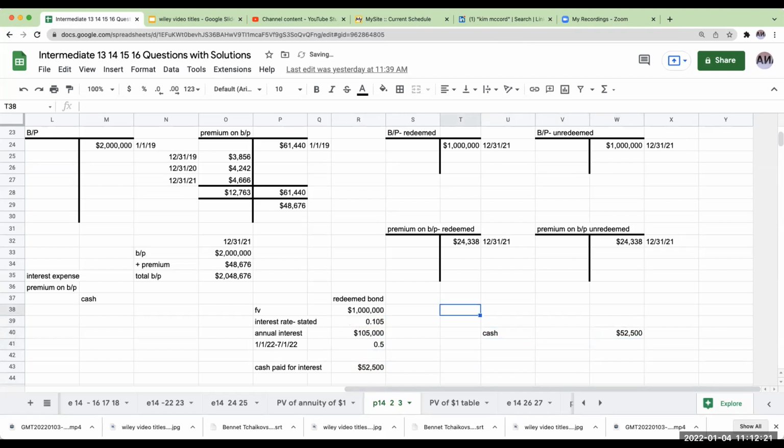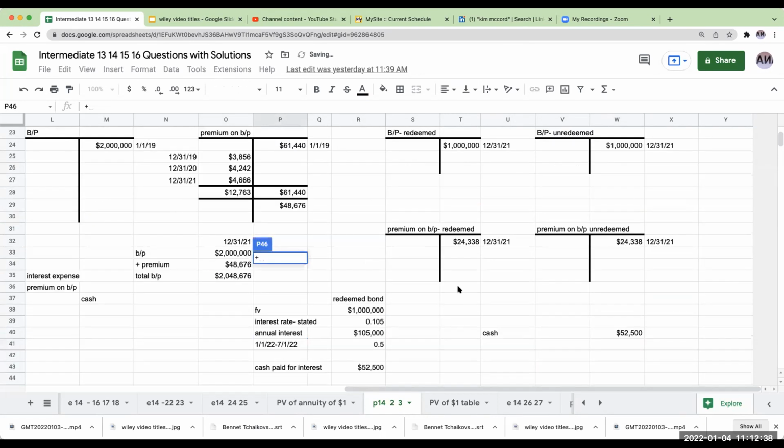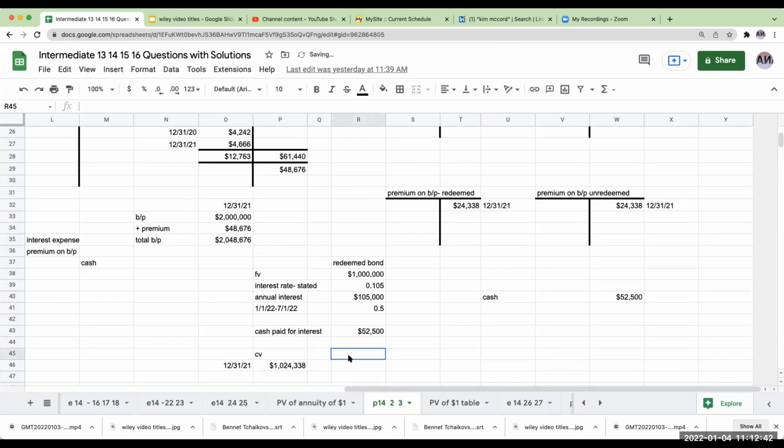Now, what else do I need to record? Well, the amount of my interest expense. We can just do a little table. The carrying value of this bond on 12/31/21 was how much? It's going to be $1 million plus 24,338.